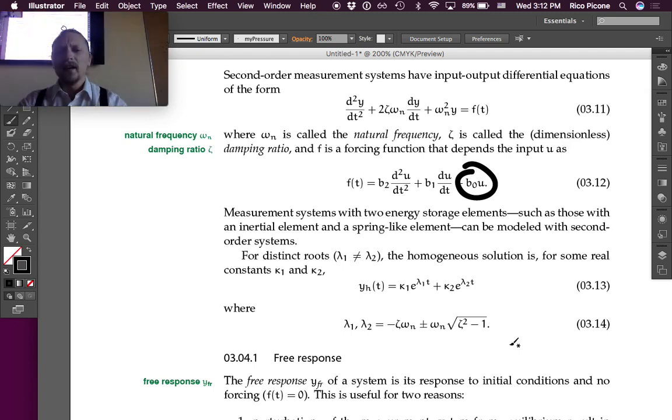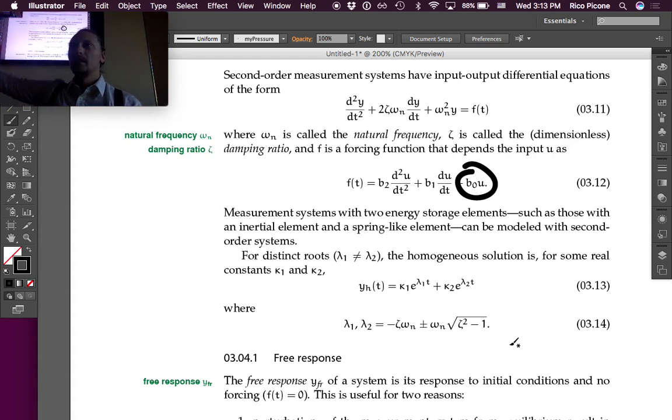I haven't given a physical interpretation yet of the natural frequency or the damping ratio, but to give you something to think toward as far as what those definitions mean: the natural frequency is, roughly speaking, the frequency at which a system will oscillate if you give it some initial condition and then let it oscillate.